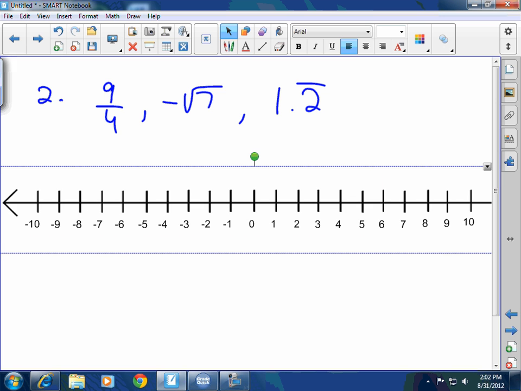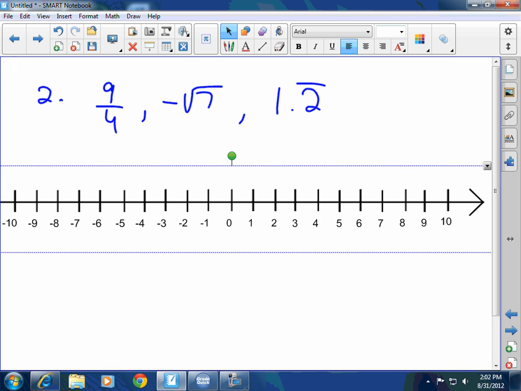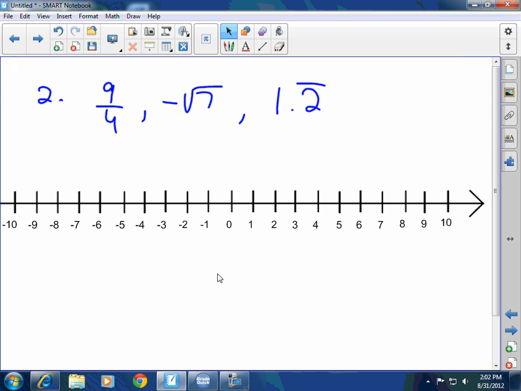If I was talking about an x and y coordinate graph, you would have x's and y's, you'd have an equation. When I just tell you to graph these numbers, just graph it. Well, 9/4 becomes 2.25. 2.25 is between 2 and 3.